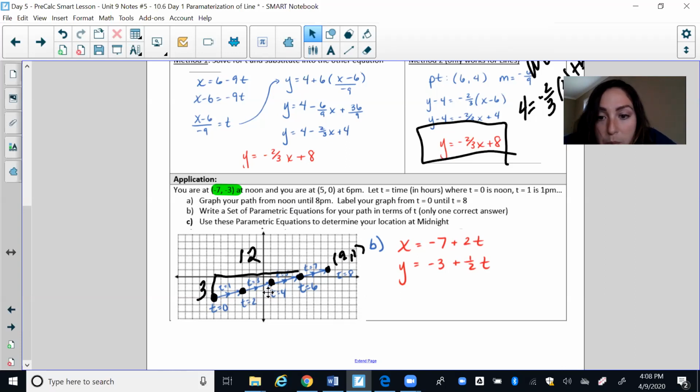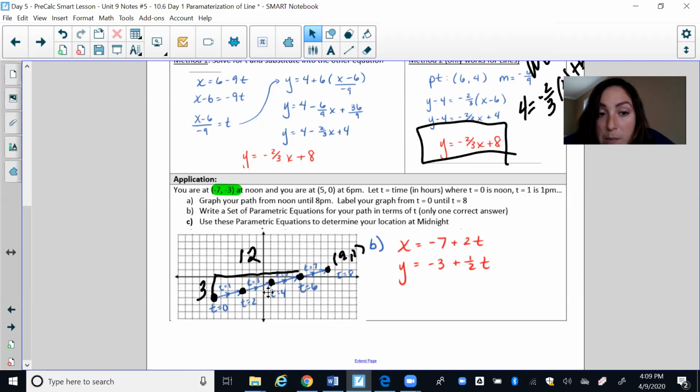Okay. And then our change in y, we're starting at -3, and then we're increasing by 1/2 every hour, so up 1/2 every hour.